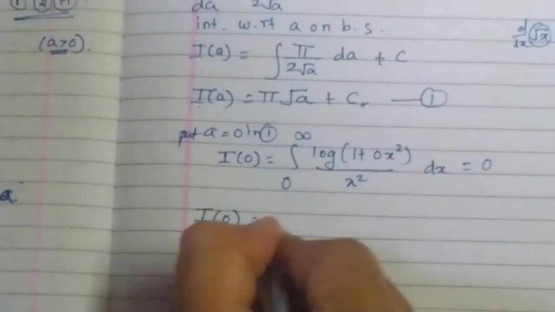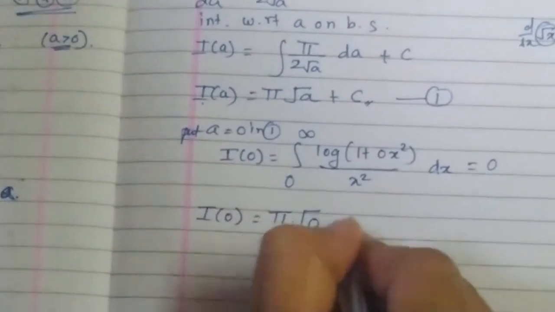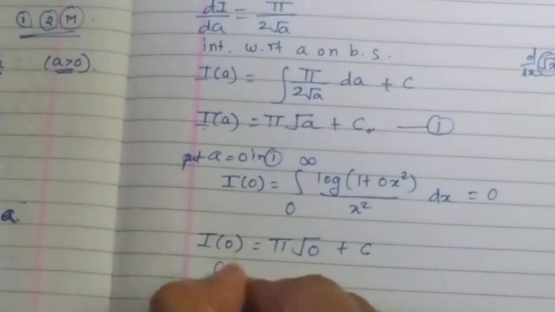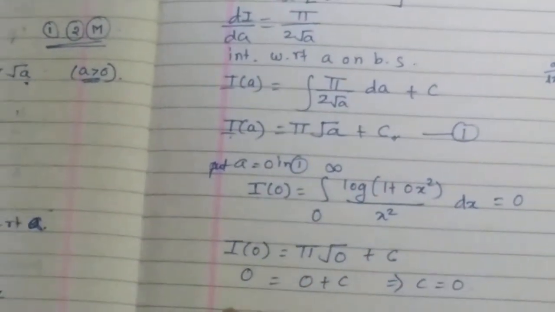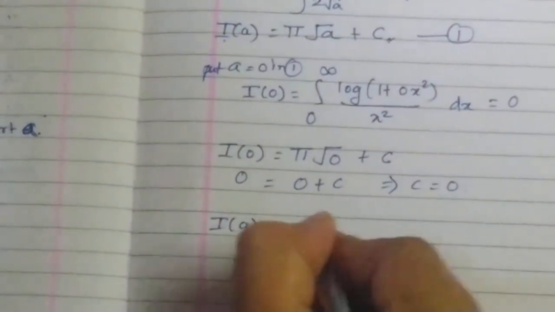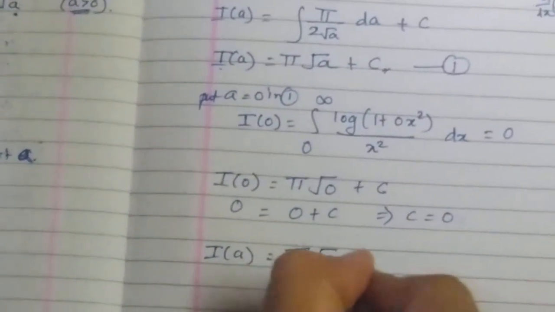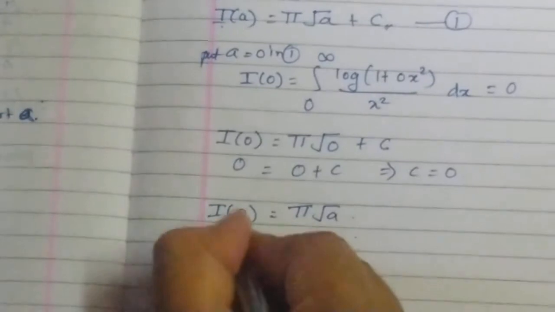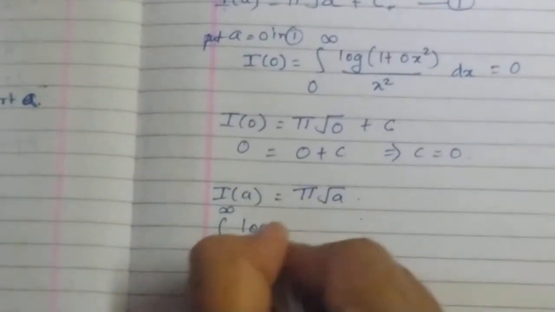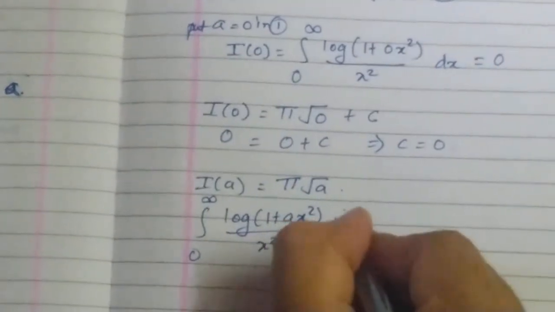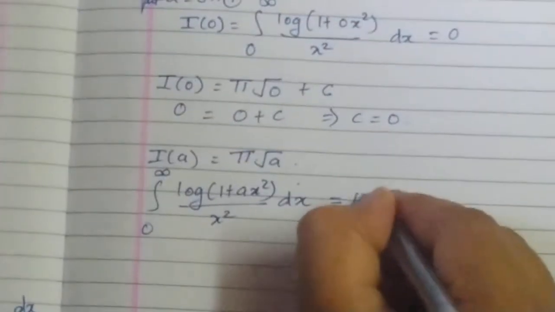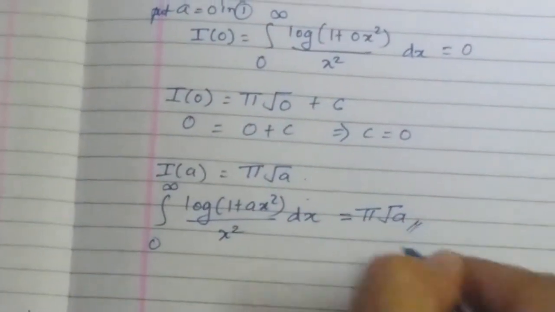I of 0 is equal to pi into root of 0 plus c. So this is 0. This is also 0 plus c. So this implies the value of c as 0. Hence I of A is equal to pi into root A. But what is I of A? I of A is integration from 0 to infinity log of 1 plus a x square upon x square dx, which is equal to pi into root A, which is your requirement.